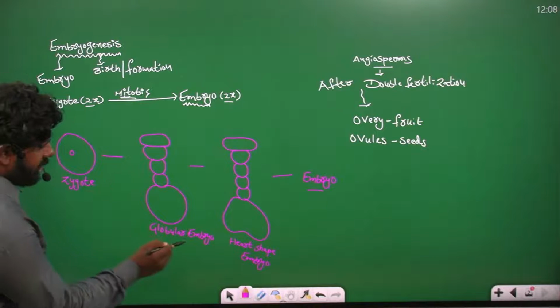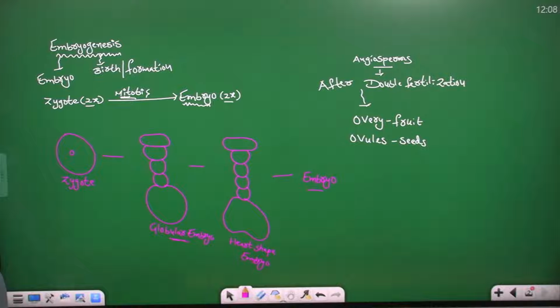First, zygote is developed into globular embryo.